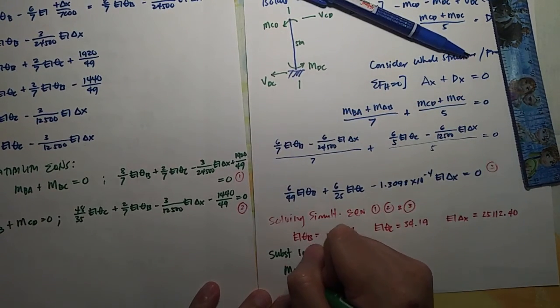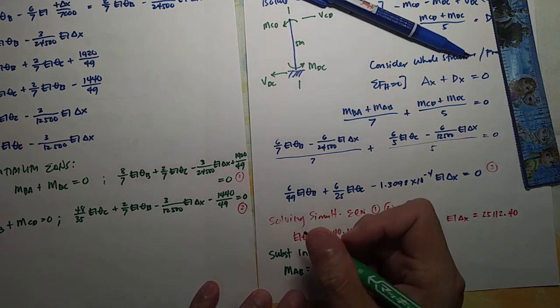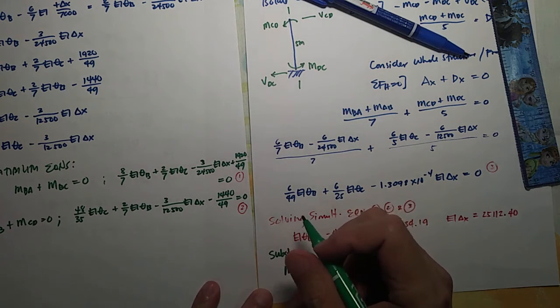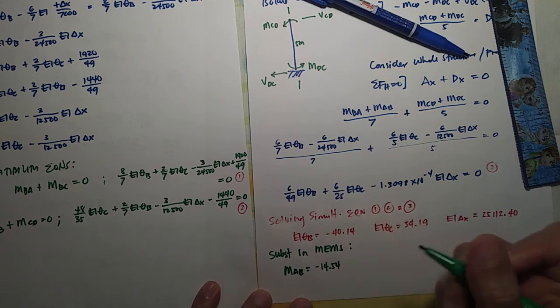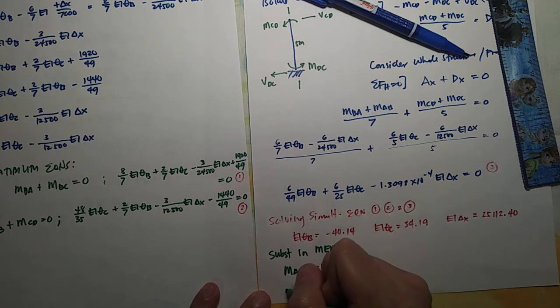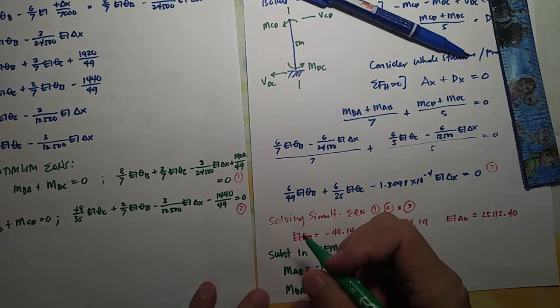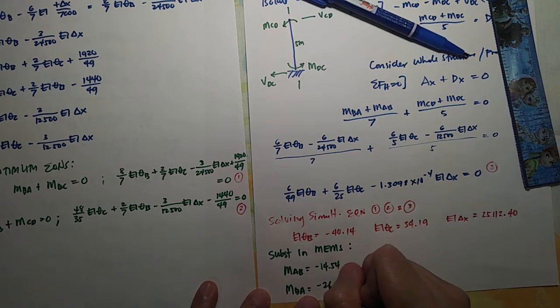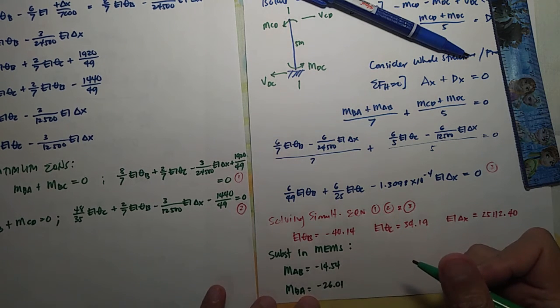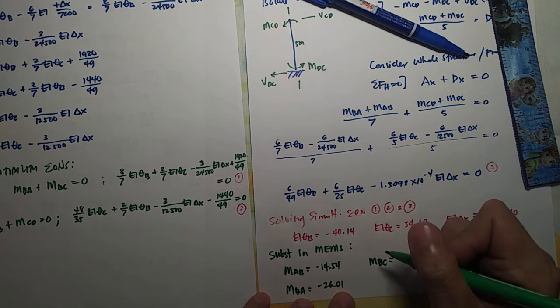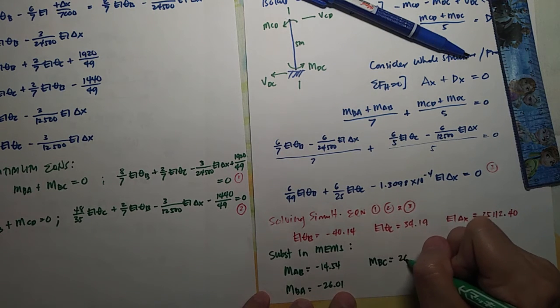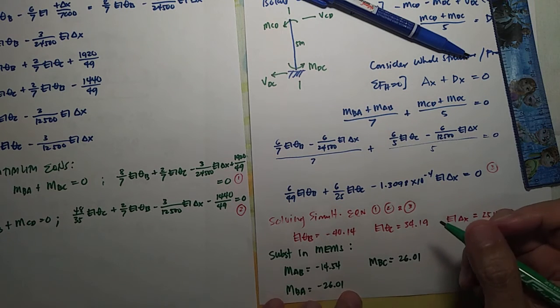So the moment on AB, negative 14.54. Okay. Member BA, moment on BA, negative 26.01. Member BC, that's positive 26.01.